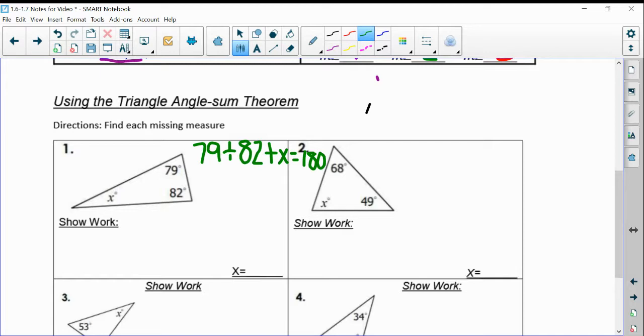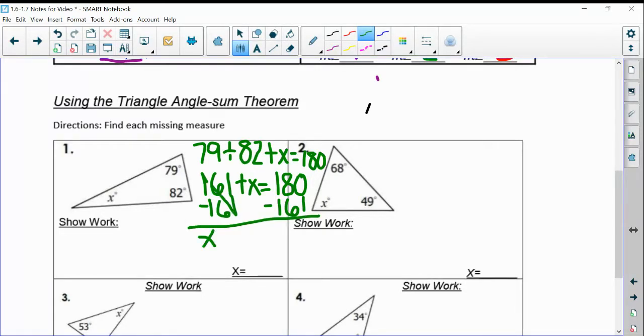So we know 79 and 82 is going to give me 161 plus our unknown angle equals 180. Then we can go ahead and solve it like a regular equation. We get rid of addition with subtraction, so minus 161, minus 161. And our x, our missing angle, is going to be equal to 19.